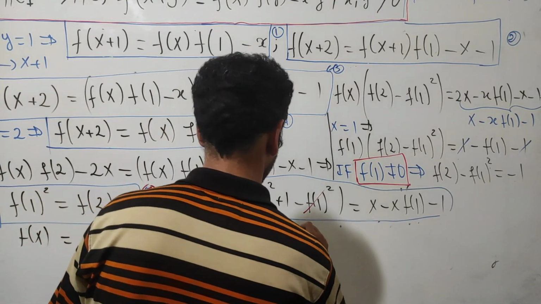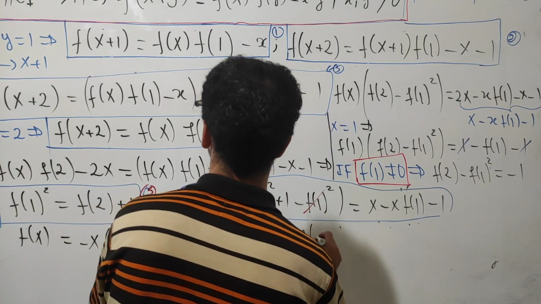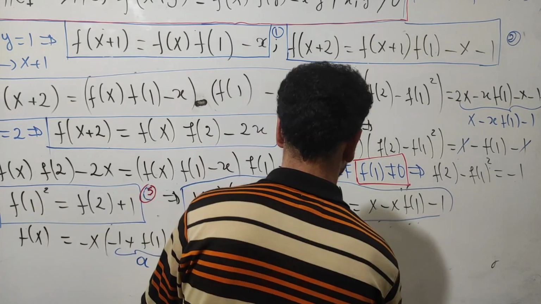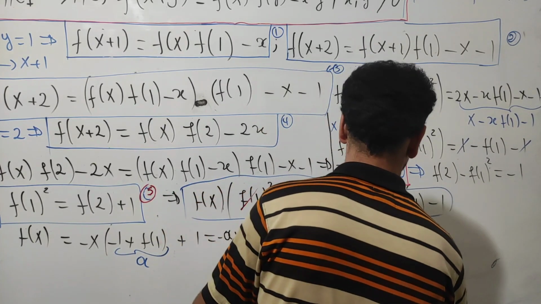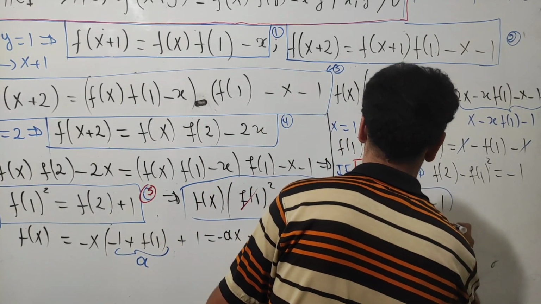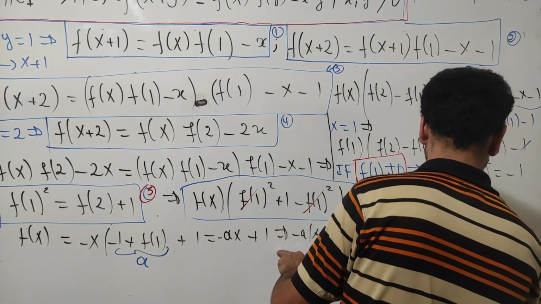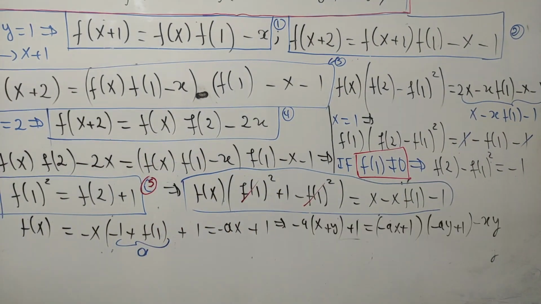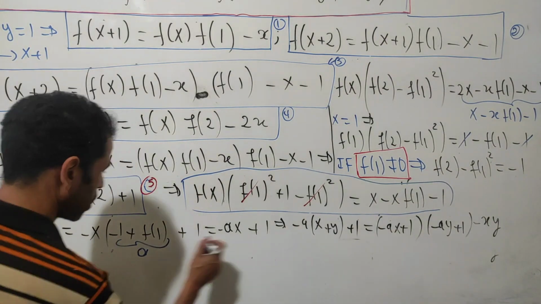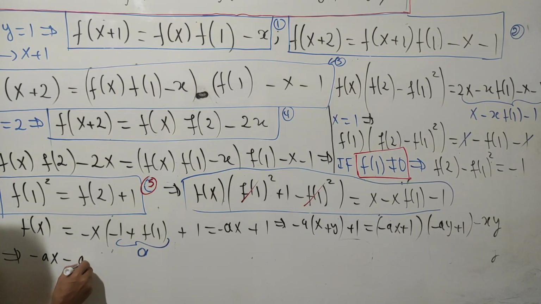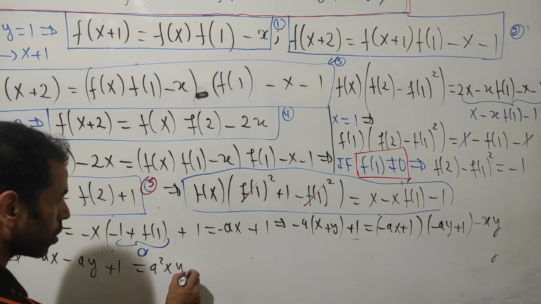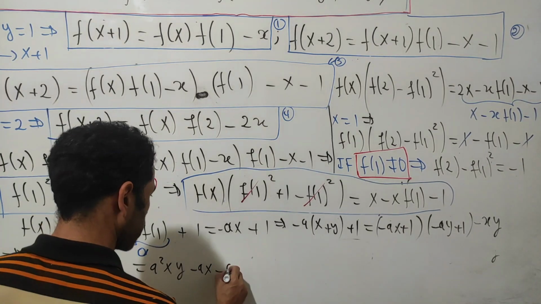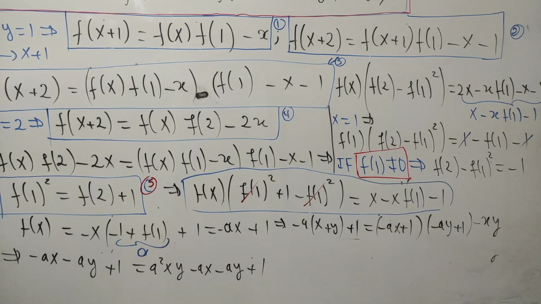So I get f of x plus y equals minus ax plus 1 times minus ay plus 1 minus xy. Let's calculate that. I get minus ax minus ay plus 1, which equals a squared xy minus ax minus ay plus 1 minus xy.